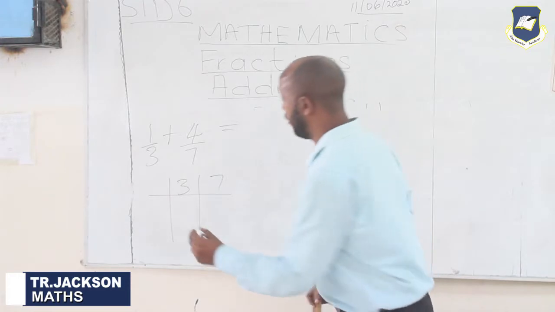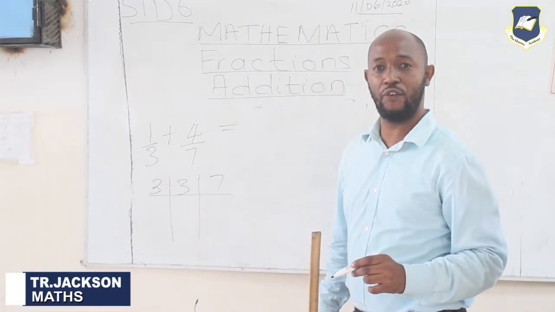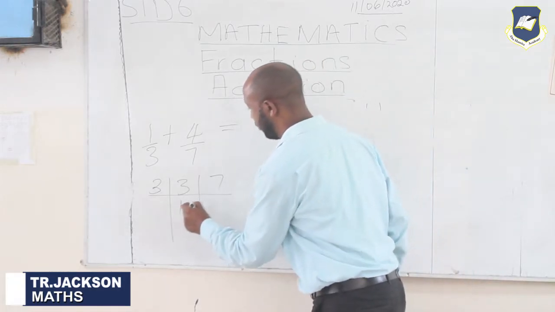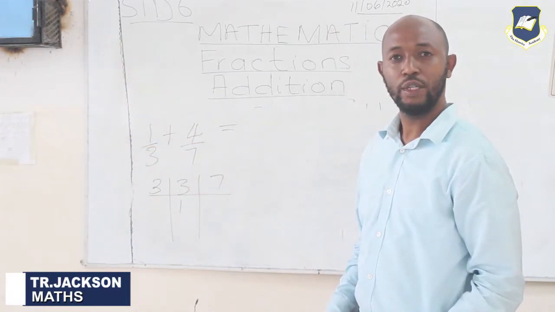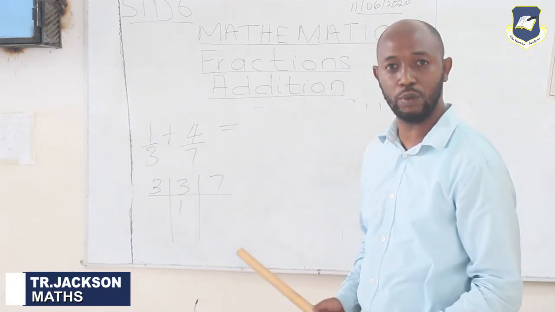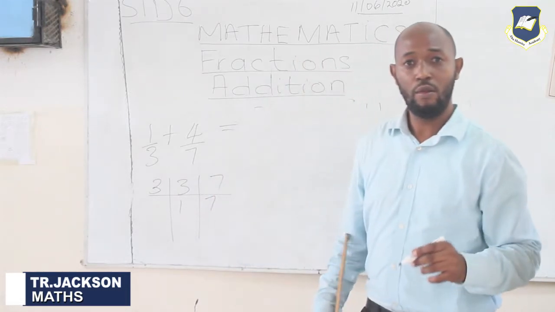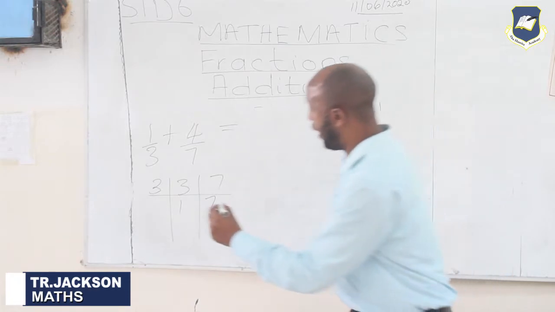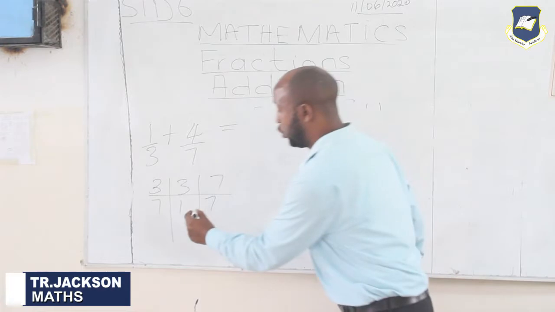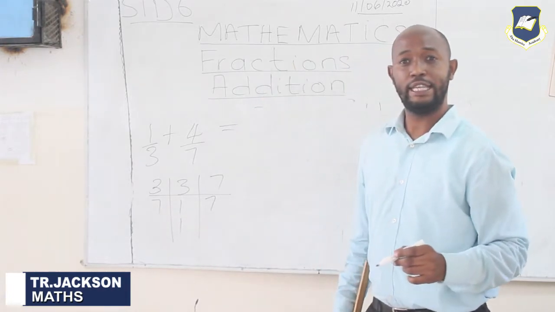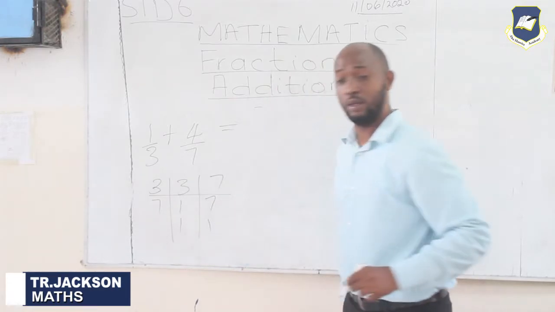So we start by dividing with 3. 3 divided by 3 is 1. 7 divided by 3 is not possible, so we drop 7. Then we divide by 7. We drop 1. 7 divided by 7 is 1.